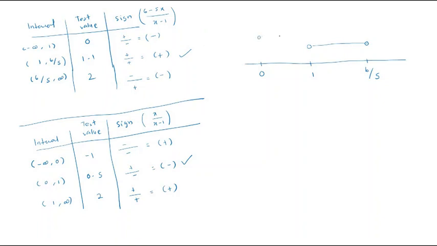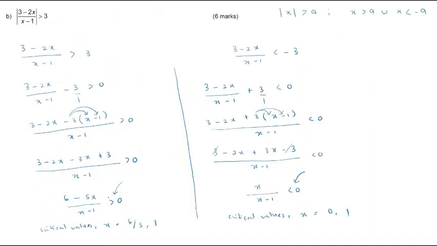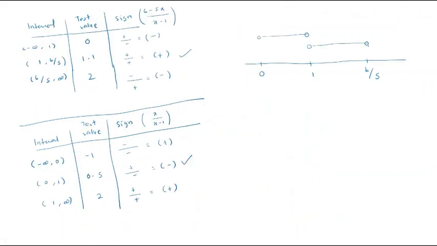All empty circles because the sign is only more and less. There's no equal sign, so only empty circles. And then interval notation: from 0 to 1, union 1 until 6 over 5. All open brackets.